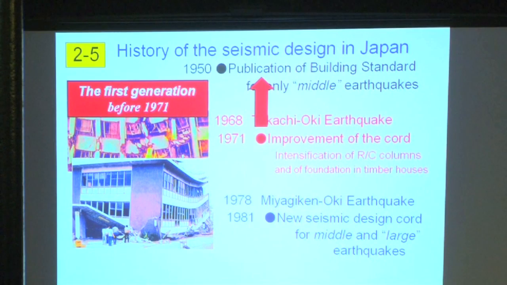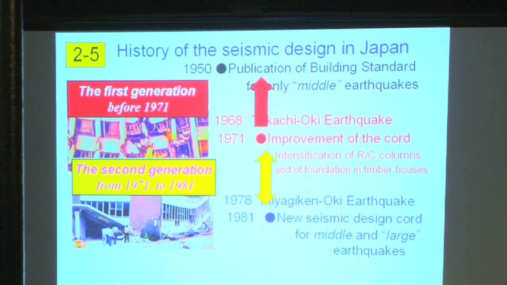We call structures constructed before 71 the first generation, designed by the old code. And we call structures constructed from 71 to 81 the second generation, designed by the improved code.